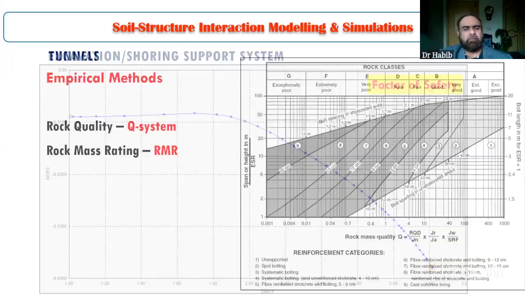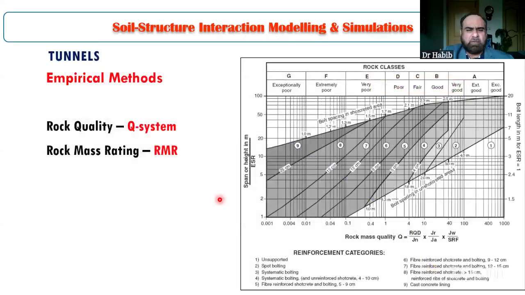Okay. Now, the next case is basically tunnels. In tunnels, most commonly, we design the tunnels and their support systems using one of these methods internationally. One is the rock quality based, which is called the Q system, and the other is RMR, the rock mass rating system. In both these systems, we assess the quality of the rock, then convert these into classes.